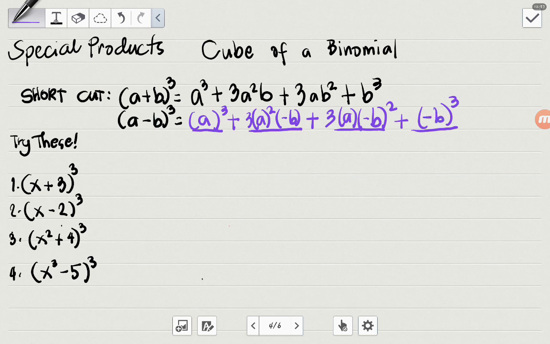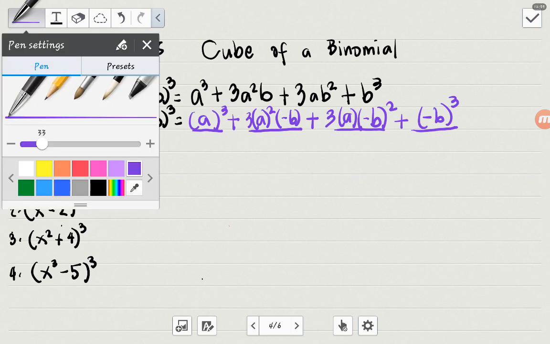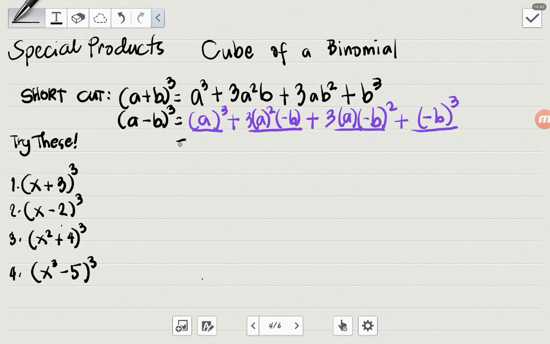Okay, so let's compute. So, you will have cube ni A, that's A cube. Square ni A, square times B, times negative B, you'll have negative times 3. That's negative 3A square B, diba?